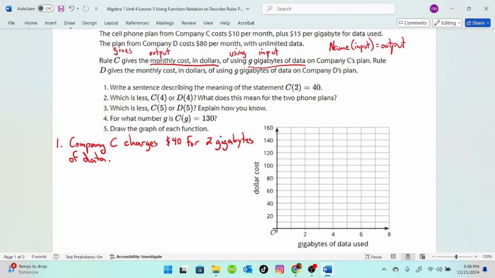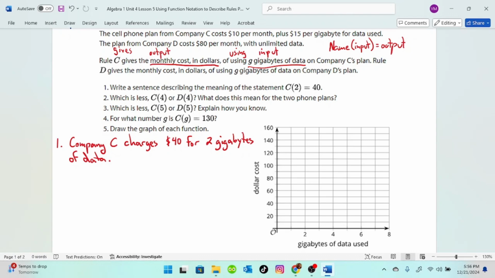Now we can look at number 2. Which is less, C of 4 or D of 4? What does this mean for the 2 phone plans?